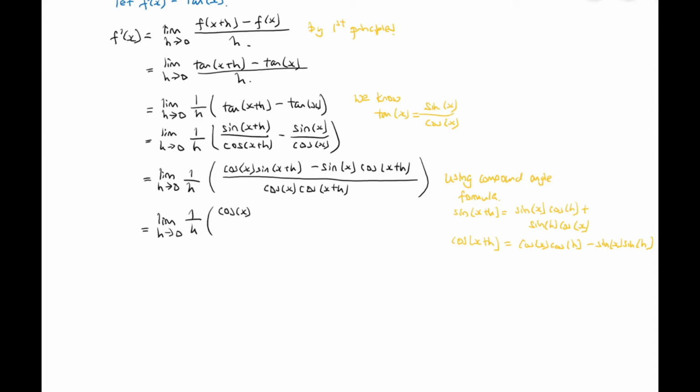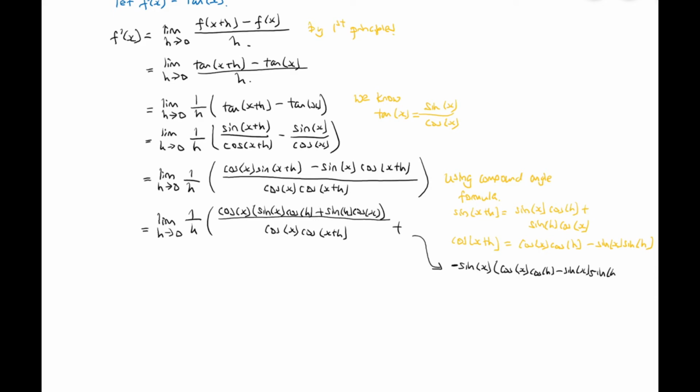So cos x times (sine x cos h plus sine h cos x), minus sine x times (cos x cos h minus sine x sine h), all divided by cos x times cos of x plus h.